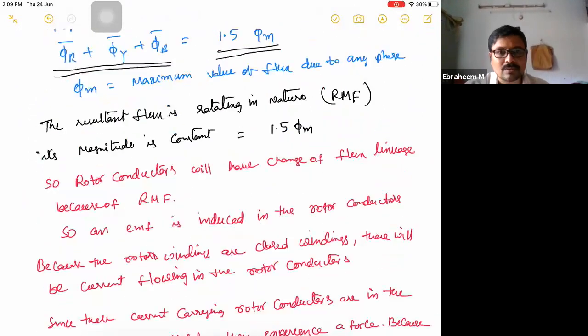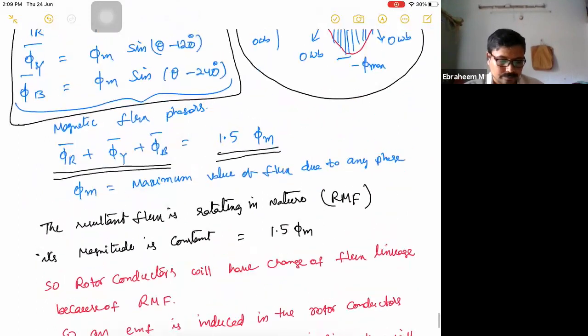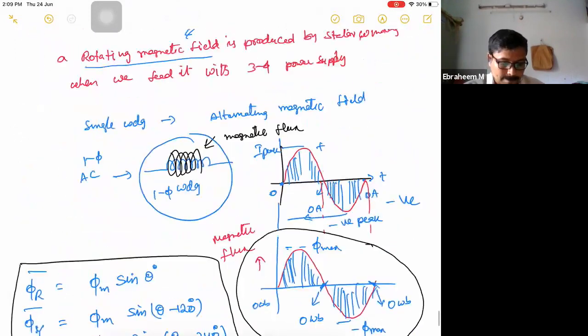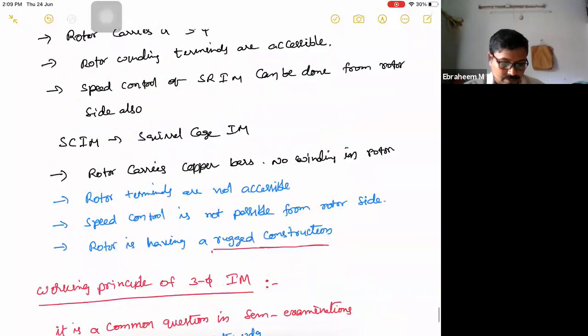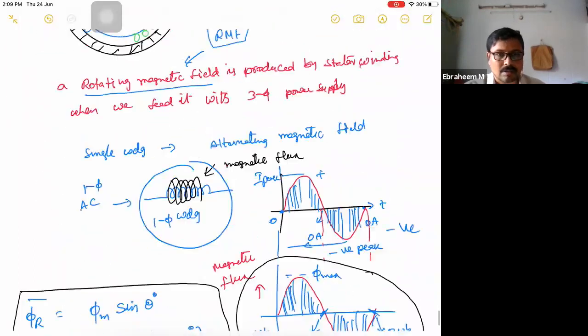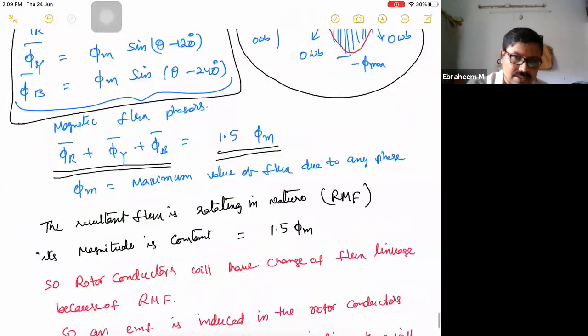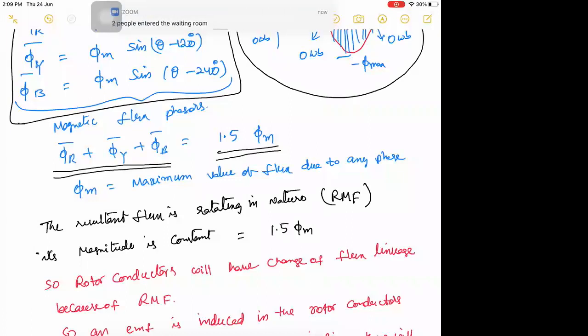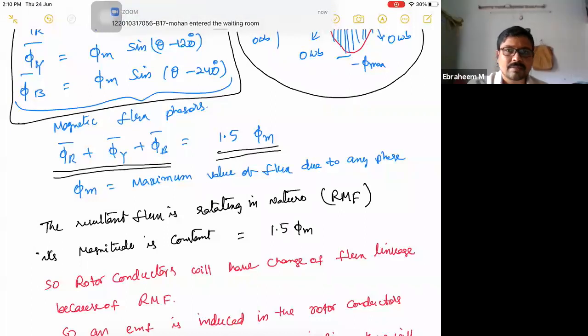What about the speed of the rotating magnetic field? What's the speed of the rotating magnetic field? Is it a stationary flux, or is it a rotating flux? Rotating. It is rotating, right? So its name itself is rotating magnetic field.